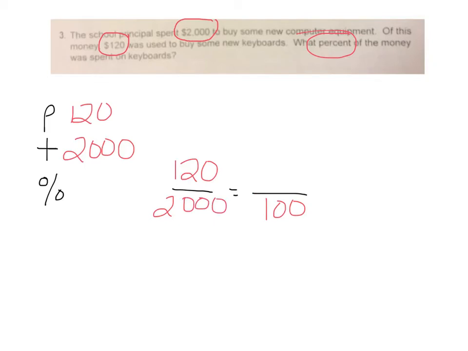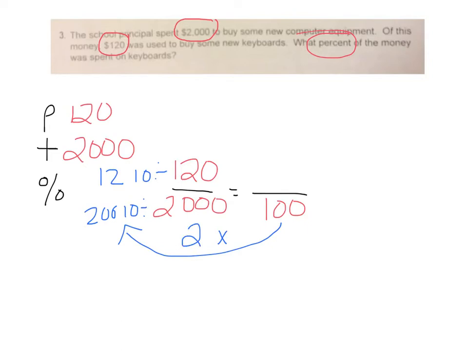Again, we can cross multiply and divide, or we can find a multiplier. I can also simplify to make my life easier, so I could divide this by 10 on both parts and get 12 and 200, and then there's an obvious multiplier between 100 and 200, and that's times 2.